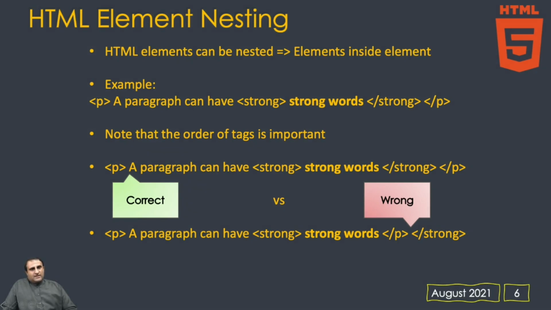In the above example, if we have p as the starting tag and then strong as the next enclosed tag, the strong must be closed before the paragraph. If we close the paragraph tag first and the strong tag later, it is wrong. The browser will, however, display the content. It will try its best to display the content, but actually the order is important.